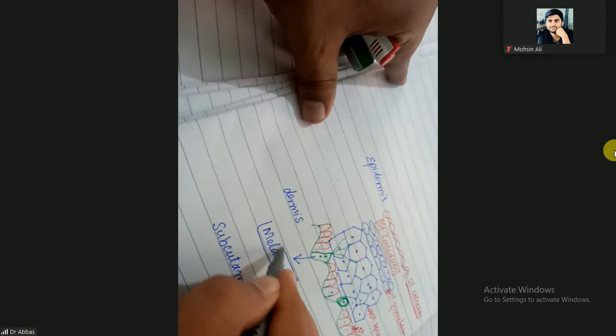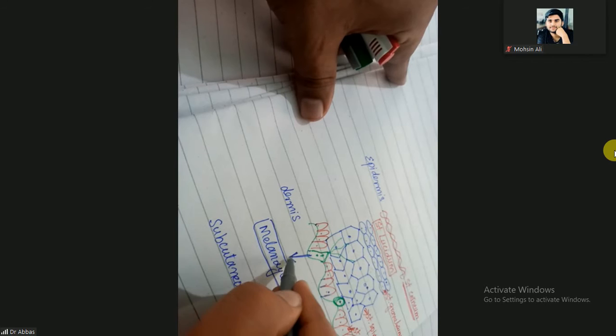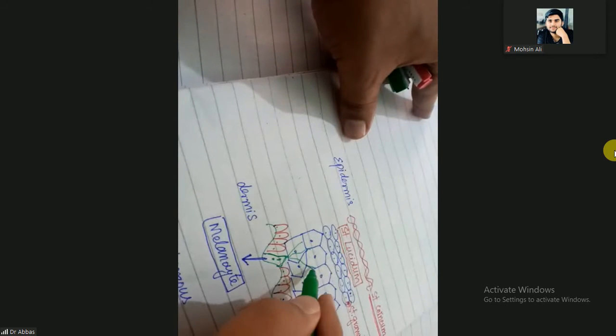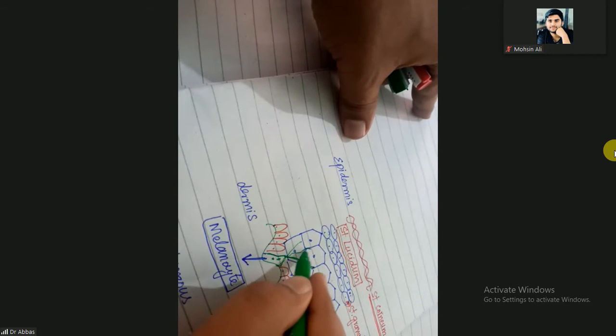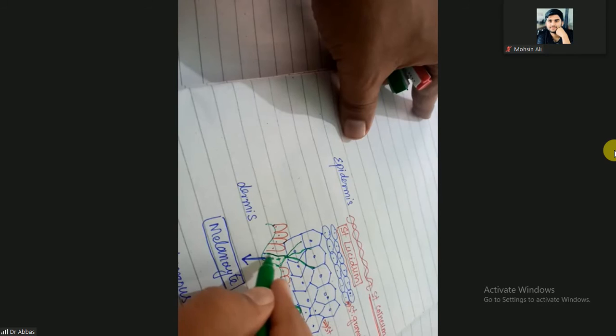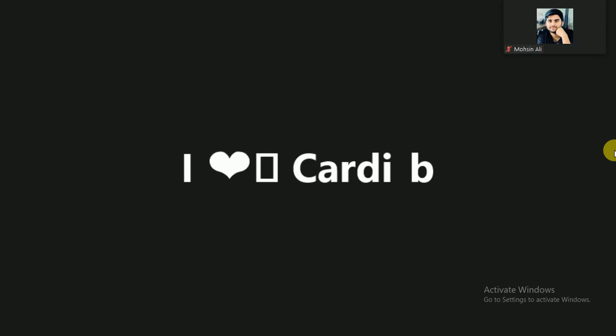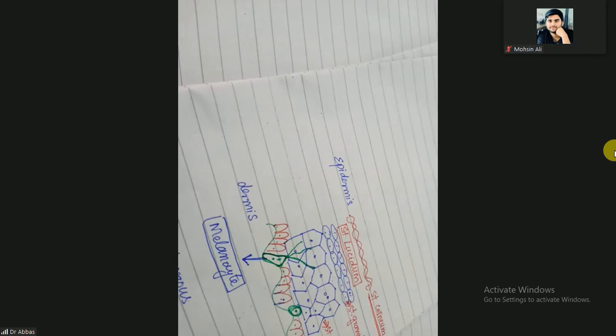This cell has dendritic processes. So that cell is the melanocyte.